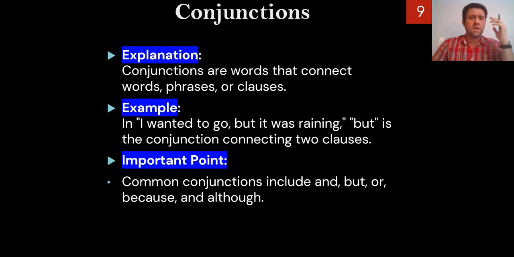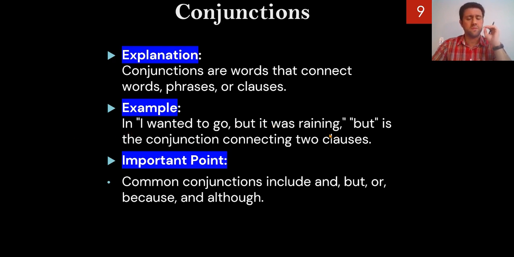Conjunctions. Conjunctions are words that connect words, phrases, or clauses. As an example, "I wanted to go, but it was raining." But is the conjunction connecting two clauses. The first one is "I wanted to go," and the next one is "it was raining."